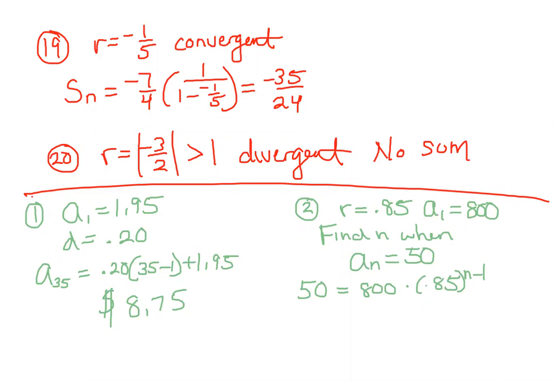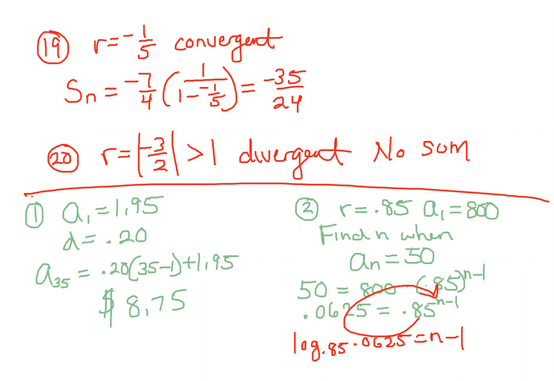So we're going to do 50 divided by 800, and you should get 0.0625 equals 0.85 to the n minus 1. Remember that you can do the round the world, and I would say log base 0.85 of 0.0625 equals n minus 1. Go ahead and find this on your calculator and then add 1 to find n.